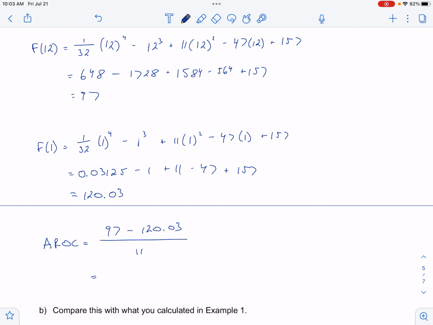Divided by 11 is about negative 2.09. So on average, the price went down by $2.09 per month.